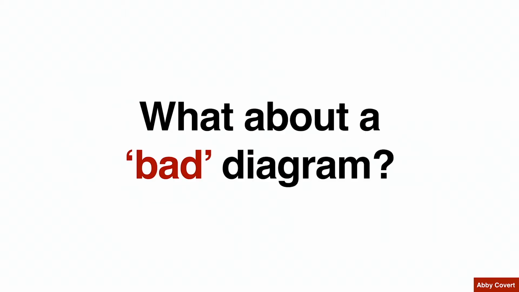So then you might wonder, well, what about bad diagrams? What if the maker intends the diagram to help someone to understand something, but then it falls short? Is that still a diagram? This question sent me down a path as a writer and a thinker that I am now the most thankful for. And I found my answer to this question in a duality of ways that one can look at the word diagram.